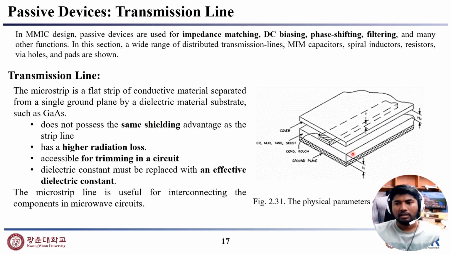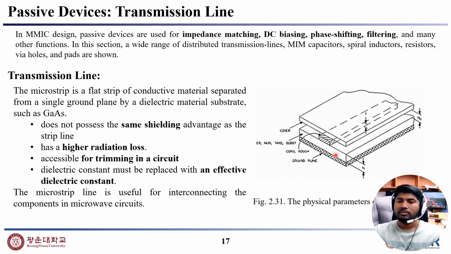The microstrip is a flat type strip of conductive material separated from a single ground plane by a dielectric substrate such as gallium arsenide, and that does not possess the same shielding advantage as strip line. That means it has some disadvantage, but it has higher radiation loss, accessible for trimming in a circuit.